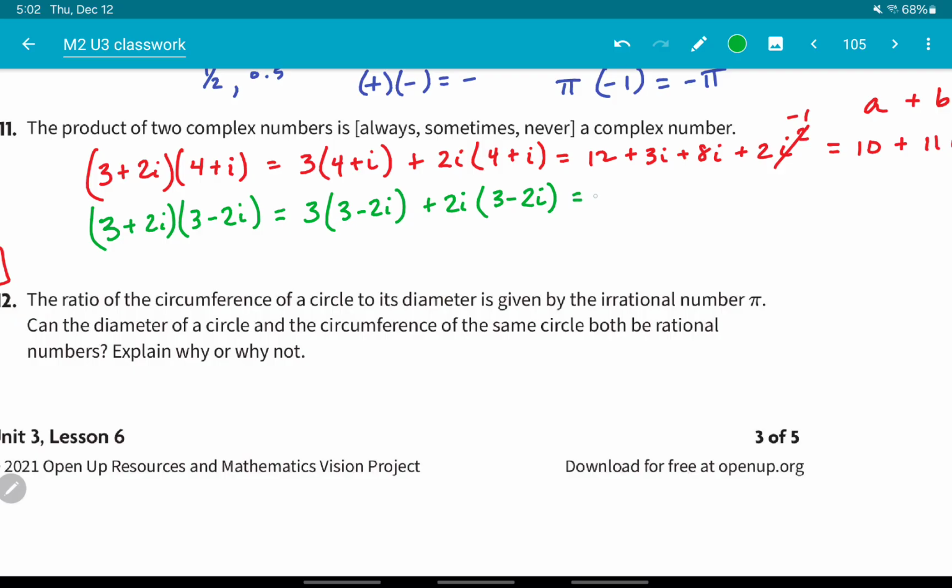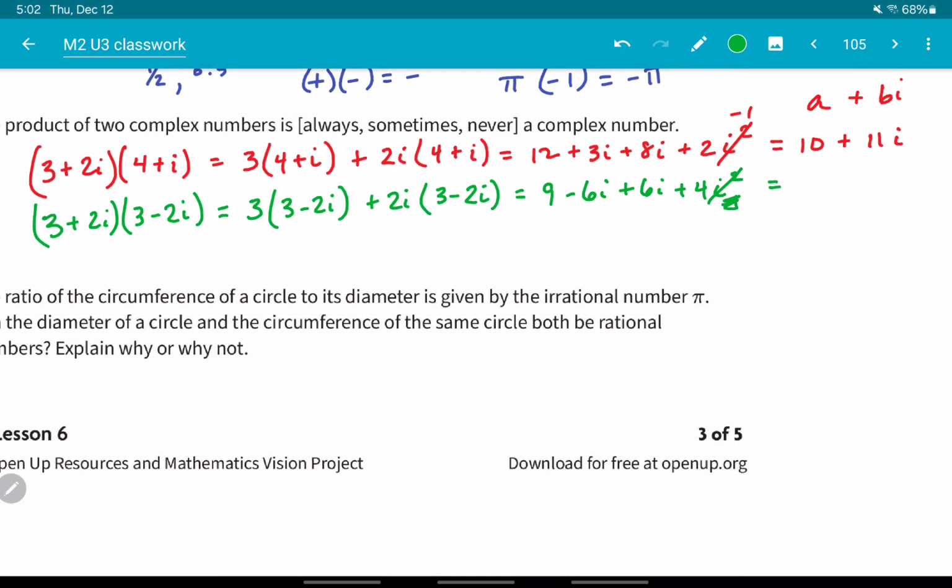3 times 3 is 9, minus 3 times -2i is -6i. And then 2i times 3 is positive 6i. And then 2i times -2i is -4i squared. This i squared becomes a -1, so this becomes a positive 4.